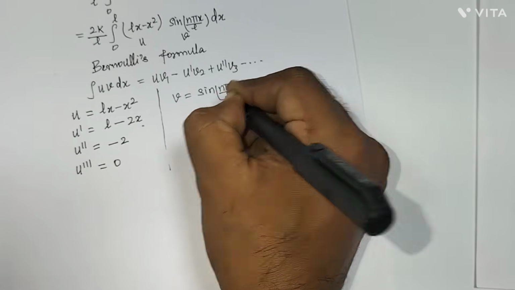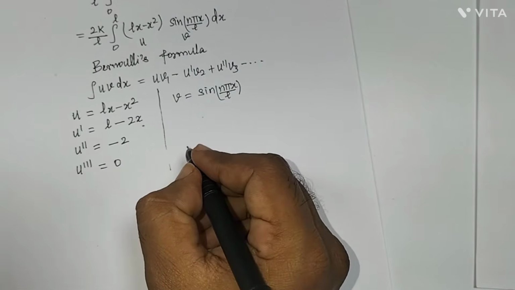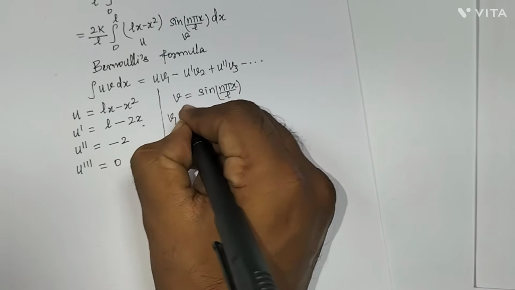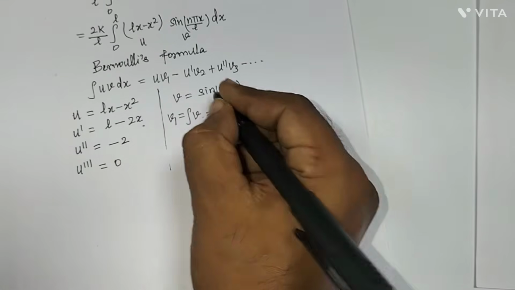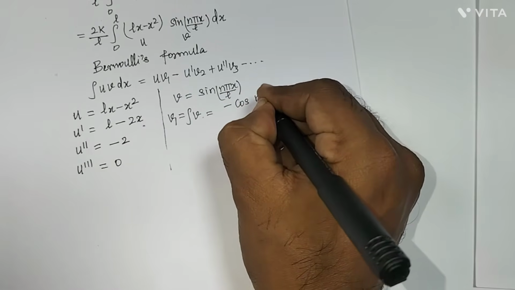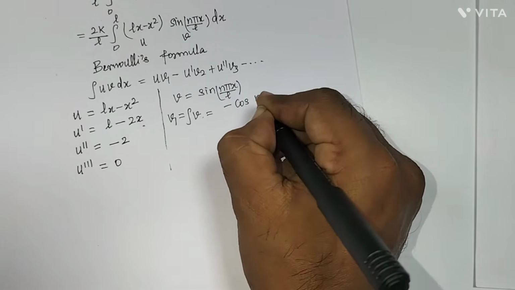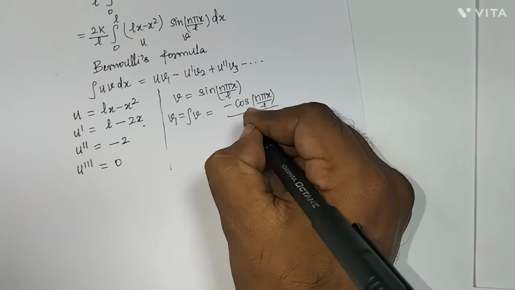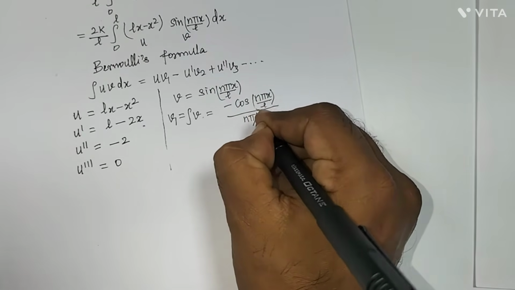Then here we can take v equal to sin n pi x by L. I am going to find v1. v1 equal to integral of v. When integrating the sin term, I will get minus cos n pi x by L divided by the coefficient of x, we have to write n pi by L. Okay.